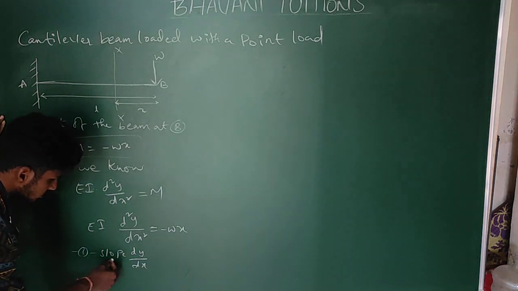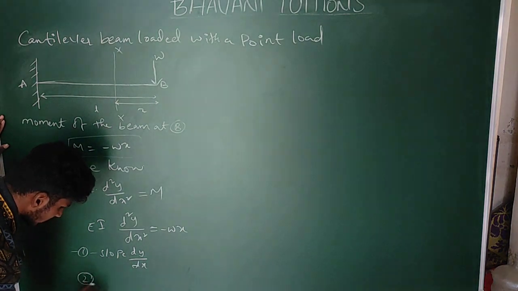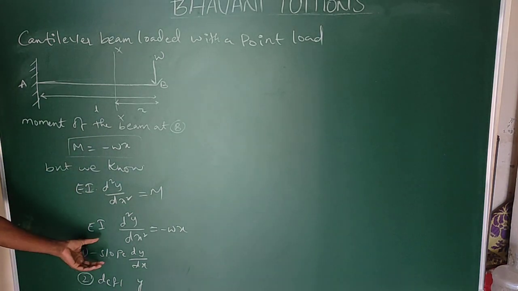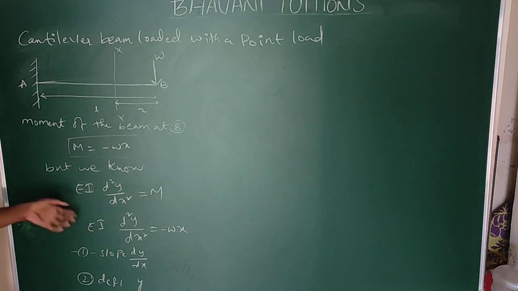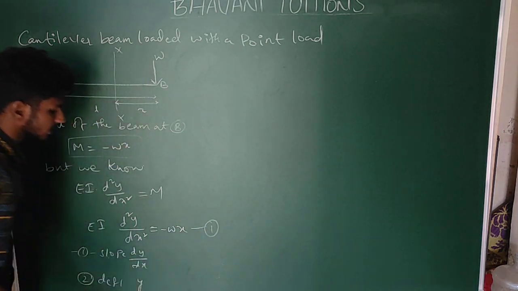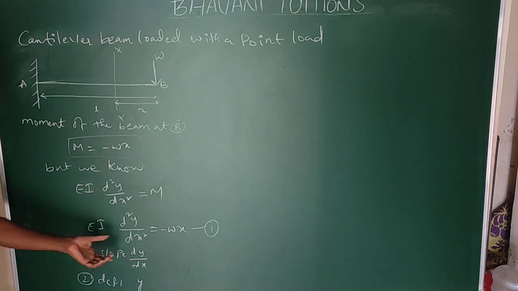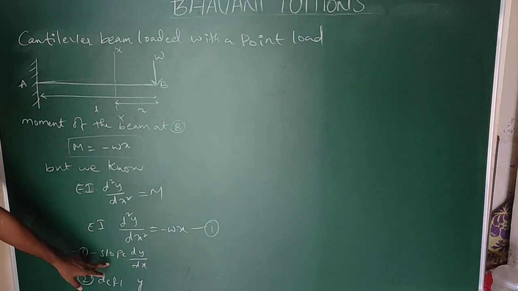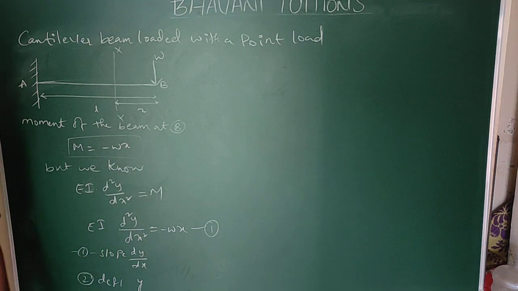If you integrate the slope equation again, you will get the deflection, that is y. Let us consider this equation as equation 1. If you integrate equation 1, you get the slope dy by dx, and if you integrate the slope equation again, you get the deflection y. Now let us see the integration of this equation 1.